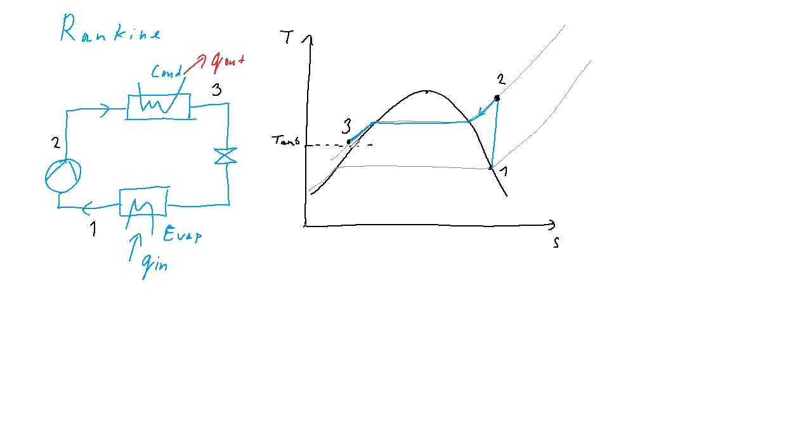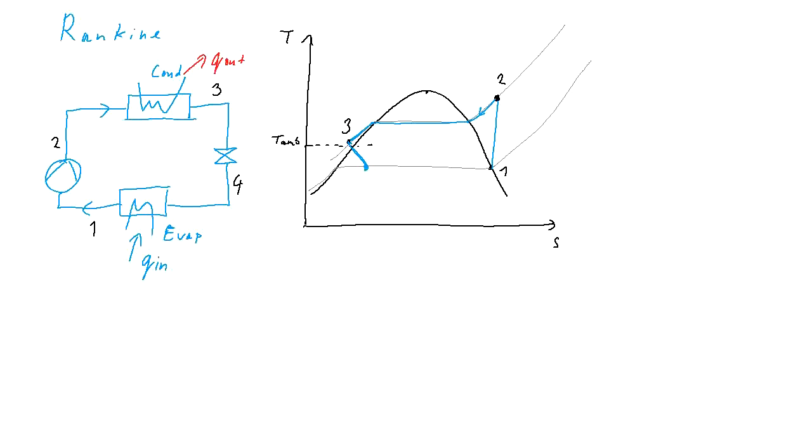The throttling process is an isenthalpic process. There is no heat transfer with the surroundings, but there is also no work. So the enthalpy stays the same, and the change between points 3 and 4 in the TS diagram looks approximately in this way.